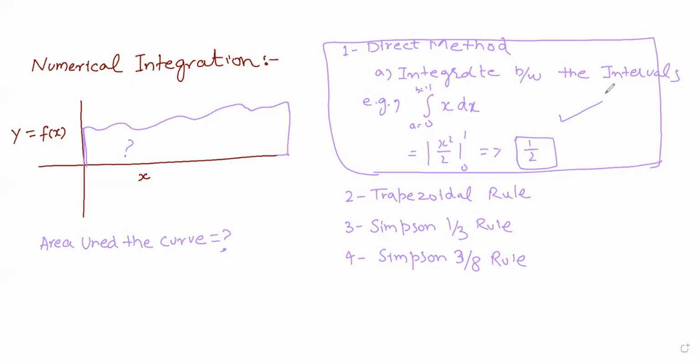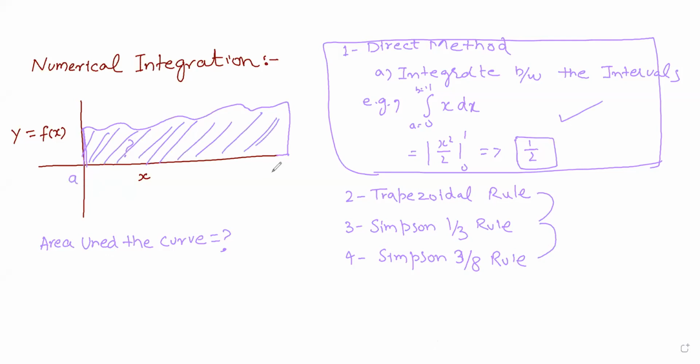So in our engineering course, we will talk about the trapezoidal rule, then the 1/3 rule, and then the Simpson 3/8 rule. The basic idea is that we have to integrate a function between the given intervals.